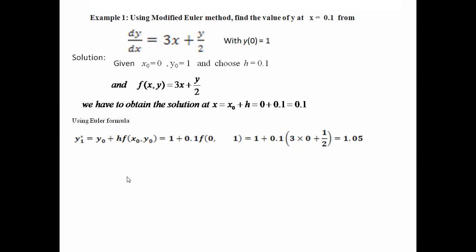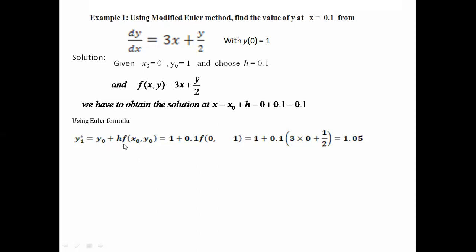First, we shall use the Euler formula to predict the solution. So what is the Euler formula? We need the solution at x1, so y1 star is written; star means a rough approximate answer.